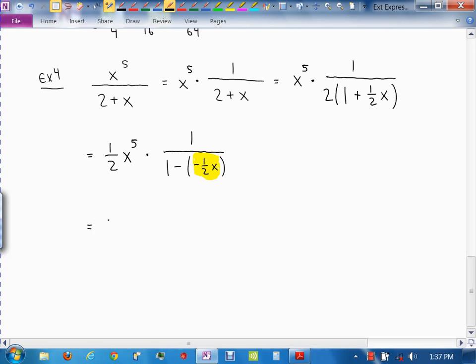So this equals, now what's sitting in front is still the 1/2 x to the fifth, right? But now this part turns into sum n equals 0 to infinity of negative 1/2 x to the n.